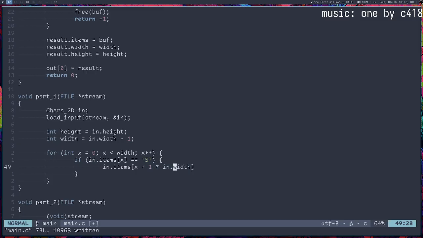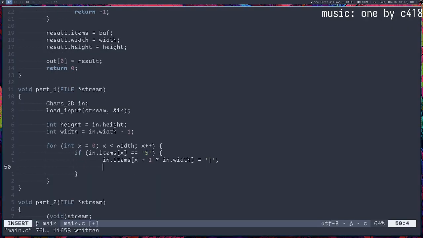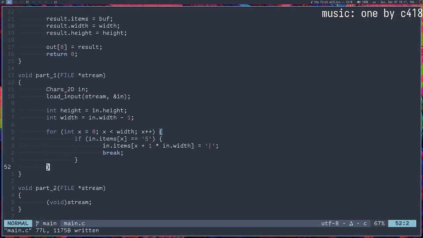I do this just for consistency. This kind of code is a pattern for me, where you have the value of x, then the value of y, and the value of y is multiplied by the width of the two-dimensional array. So I want to set it to a pipe, and then we break out of this.